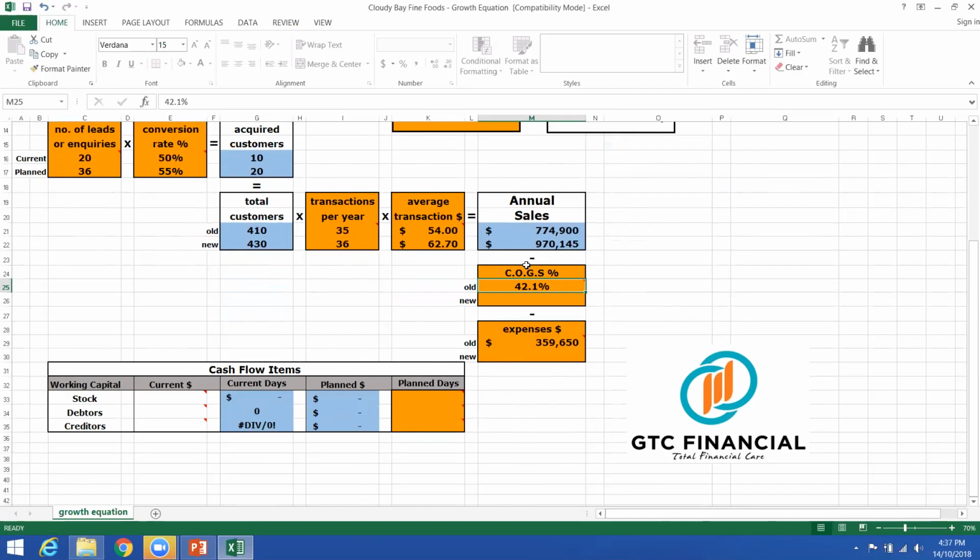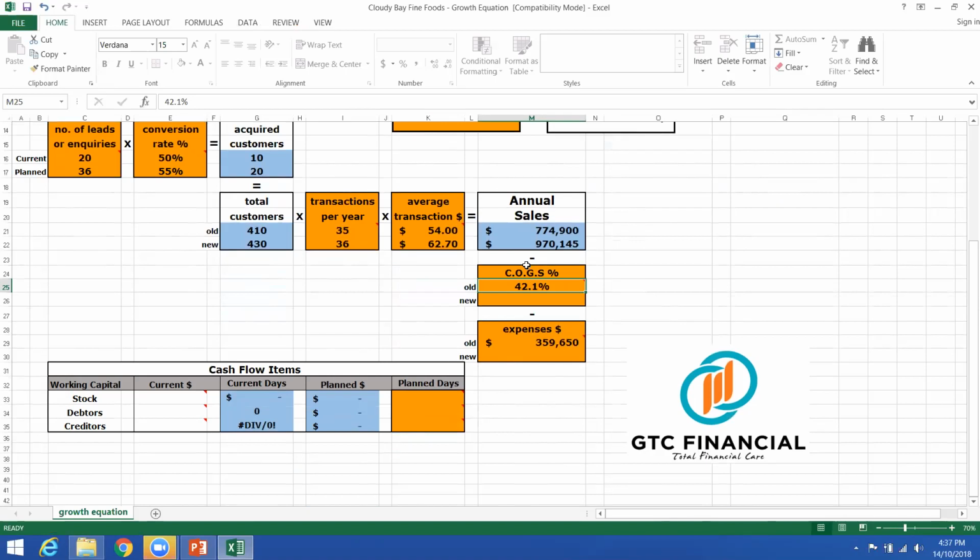But she also needs to look at the prices of her inputs. She should be negotiating better prices with her suppliers, or she should be finding alternative suppliers that can provide similar or the same products for a cheaper price. And that's a really obvious way to reduce the cost of sales.